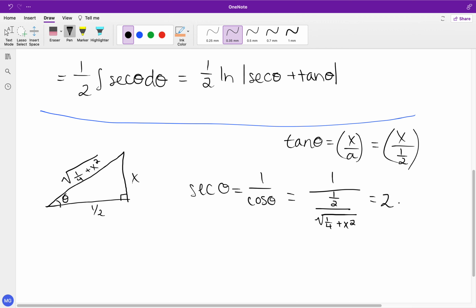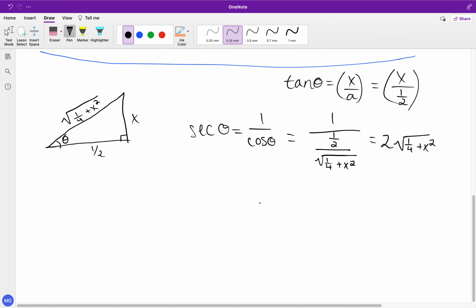Simplifying this, we will get 2 times the square root of 1/4 plus x squared. And our tangent simplifies to 2x.